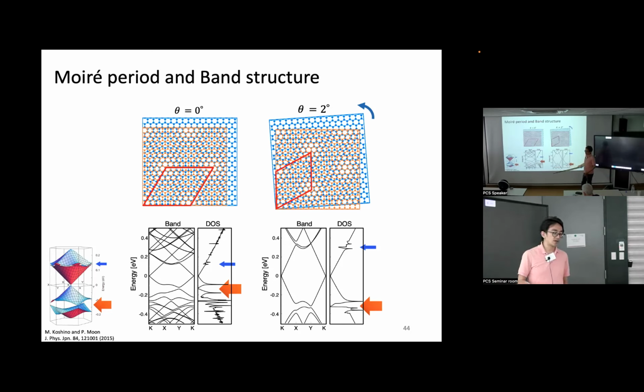So the low energy structure is basically dominated by the Dirac cone, but the graphene Dirac cone actually feels the extra superlattice potential from the HBN. Then the Dirac cone is chopped into small bands and they have band gaps. This is very well known and observed in experiment. If you change the angle, the Moiré pattern shrinks and the gaps go further away.